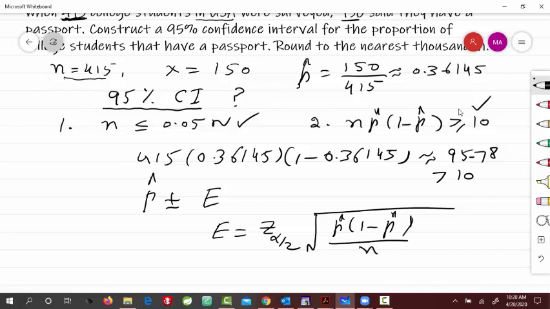So now we have to compute that z sub alpha by 2 value, and p hat and n we already know. We just plug in there, find E, and then find p hat plus minus E.